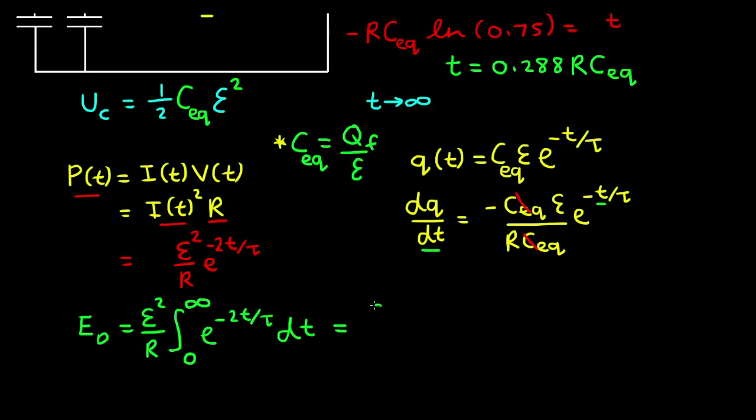And this is an improper integral, so we're going to evaluate it using dummy variables. So we'll take the limit of a dummy variable as it approaches infinity, and we integrate from 0 to b, and we have e to the minus 2t on tau integrated over time.